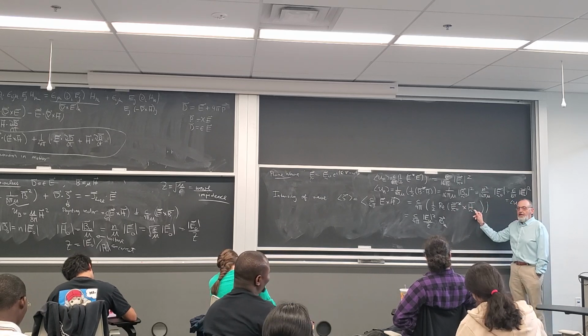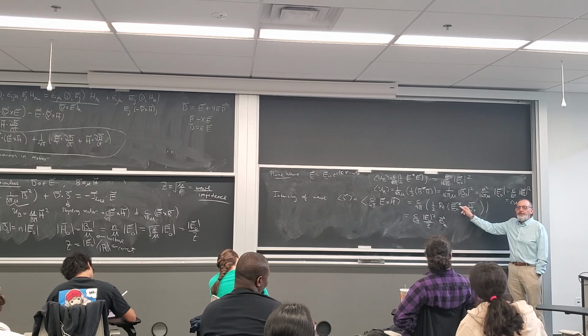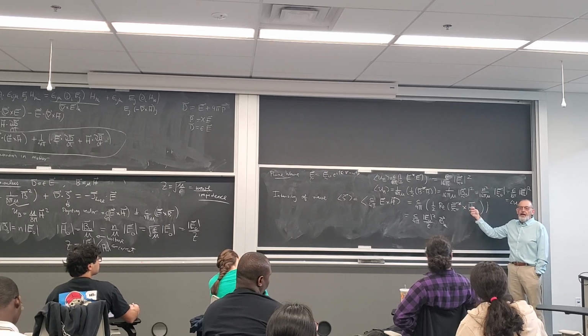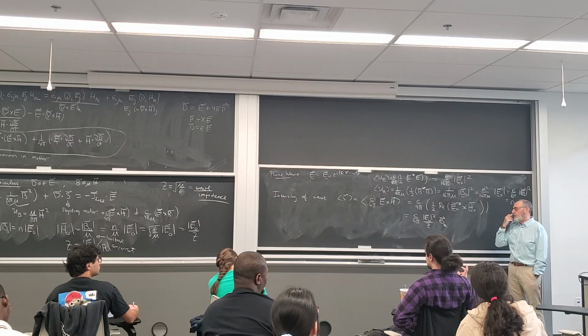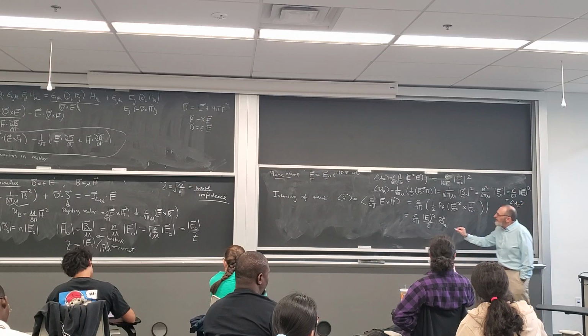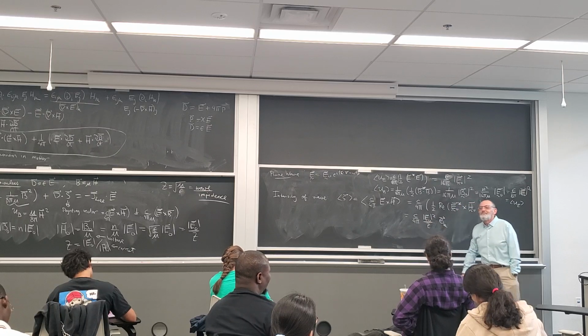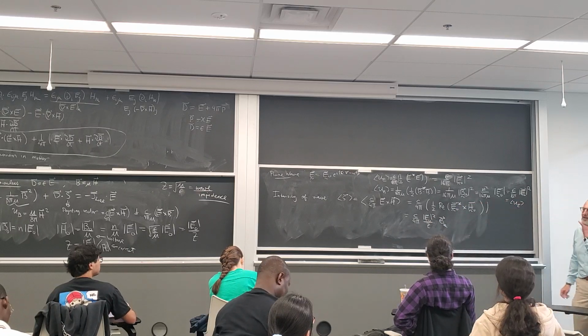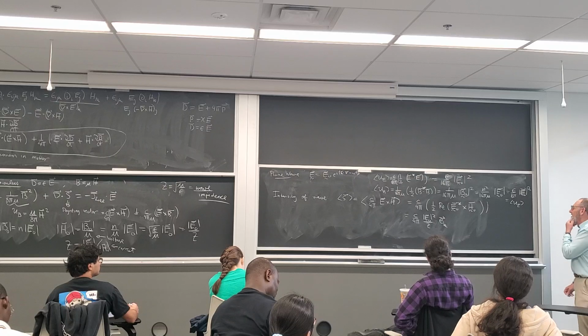E cross H is the magnitude of this times the magnitude of that times the direction of the cross product, which is that. What happened to the tilde after here? Oh, it's in there. Oh, okay. It's all about context.